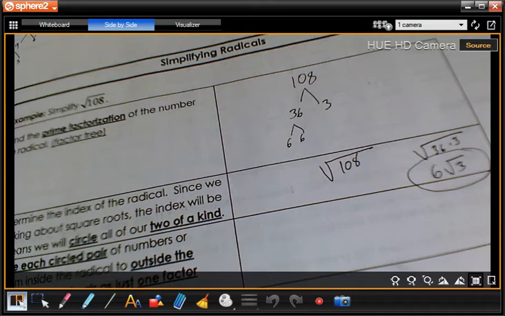We've done this before. The square root of 36 is 6, right? So now that I've square rooted it, I bring it to the outside of the square root sign. The 3 stays there because it's not a perfect square. Okay, let's do some practice before I give you homework.